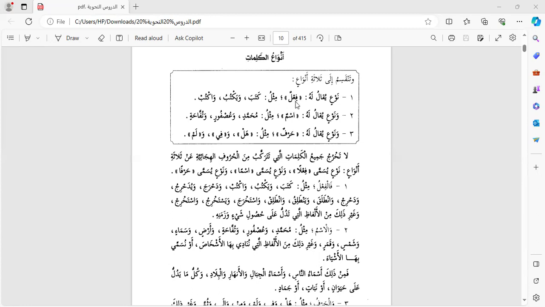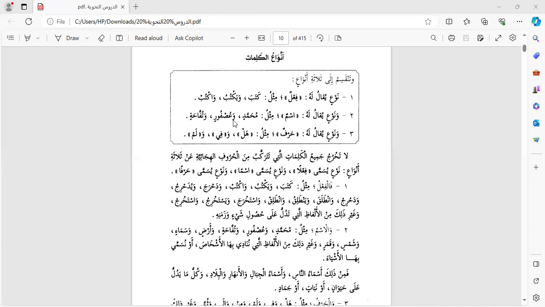أنواع الكلمات فعل واسم وحرف. فعل مثل كتب, like verbs like كتب, which means wrote, يكتب, writing, and أكتب, I am writing. اسم, like a name, like محمد, عصفور, تفاحة.